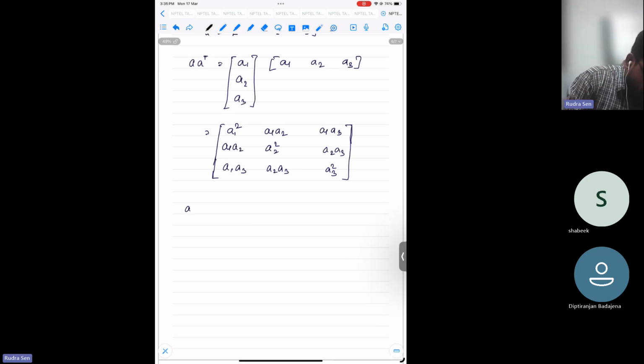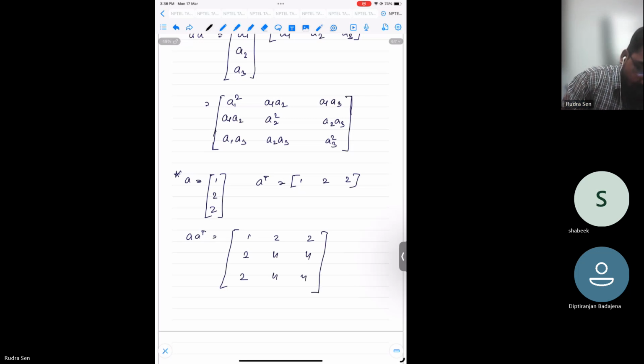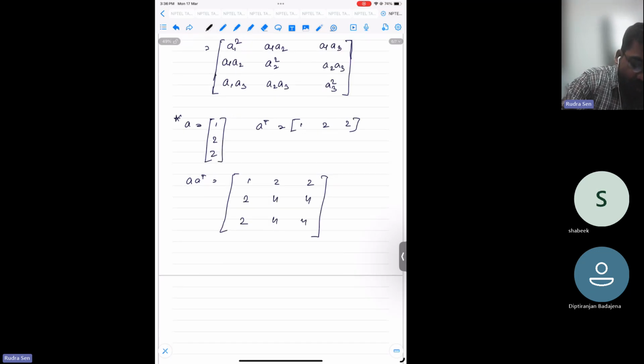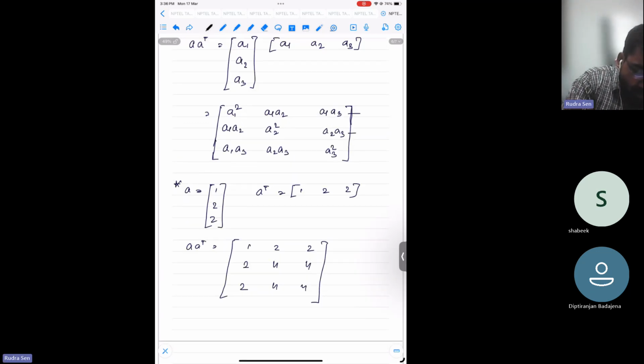Let me show by an example. Let's say 1, 2, 2. If we multiply with these, what will you get? 1, 2, 2, and then the second row 2, 4, 4, third row 2, 4, 4. If you do the row echelon form, you can always make the other two rows 0, because row 2 and row 3 are related to row 1 by some multiplication factor.